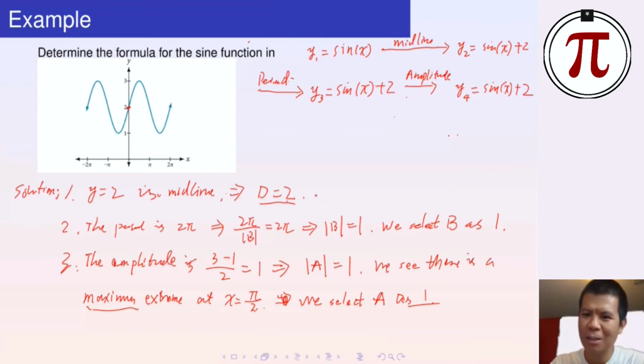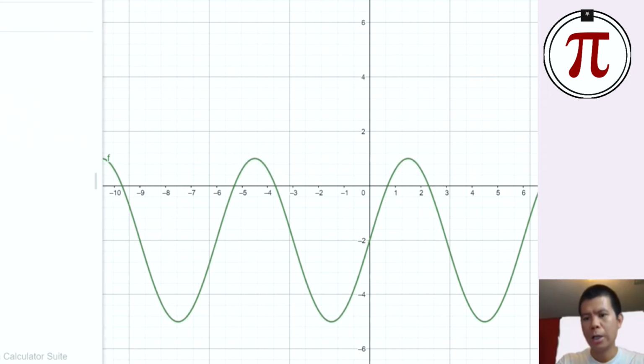Now, do we need any shift? Here you want to identify some characteristic points. For this curve, we know that the midline at the point 0 is 2. So let's draw the function y4 in GeoGebra to get an idea of what it looks like.